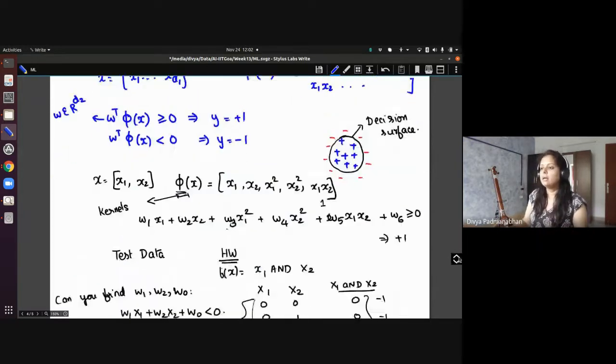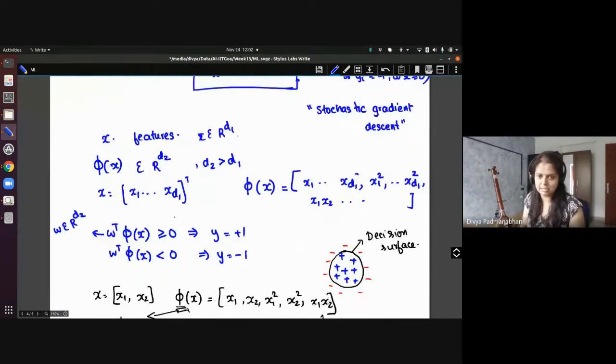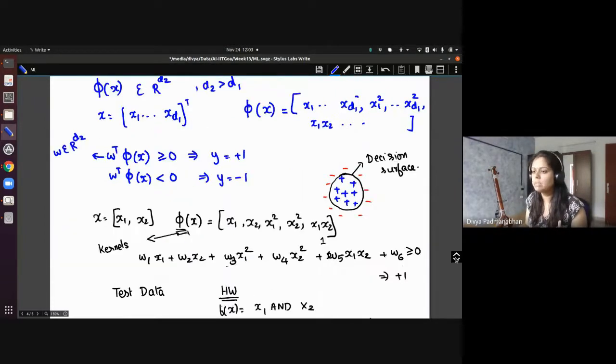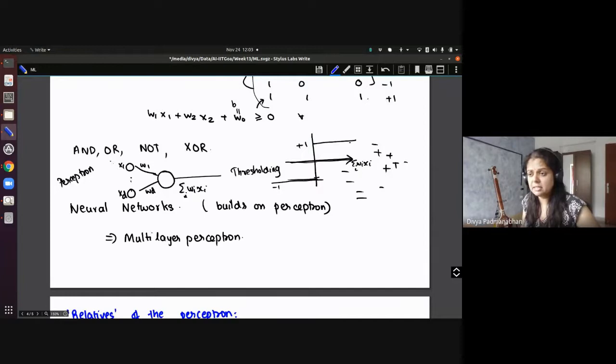Okay, and we also saw that instead of using just the features x, you can transform them to some higher dimensions and then use a vector w in that higher dimension. That's also something we saw. And where we left off last time, I told you that the perceptron can be depicted in a graphical way. There are these features, and there are weights tied to each of these features.